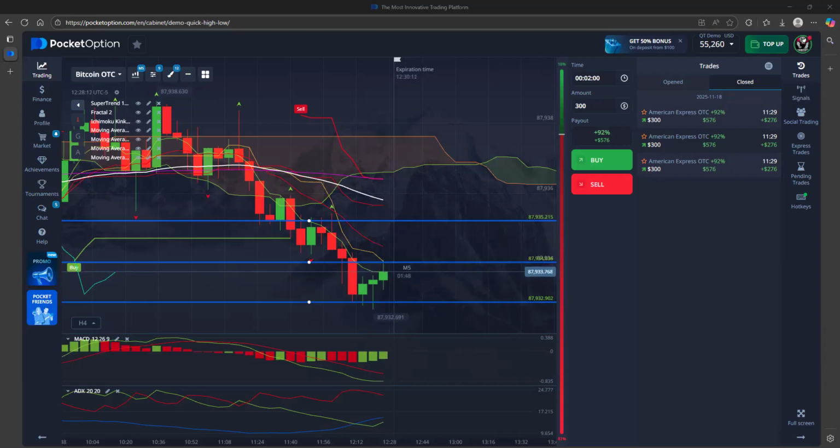She put trading against the trend. That is it. Trading against the trend.